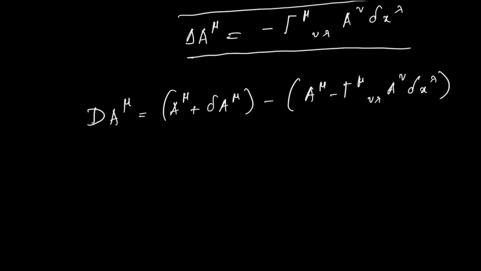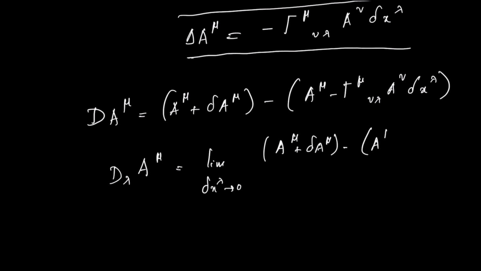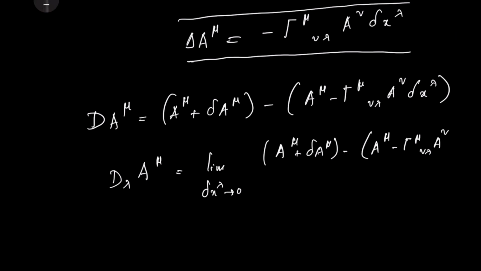The differentiation can be written as the limit delta x lambda tending to 0 of A mu plus delta A mu minus A mu minus Christoffel symbol mu nu lambda A nu delta x lambda, divided by delta x lambda.